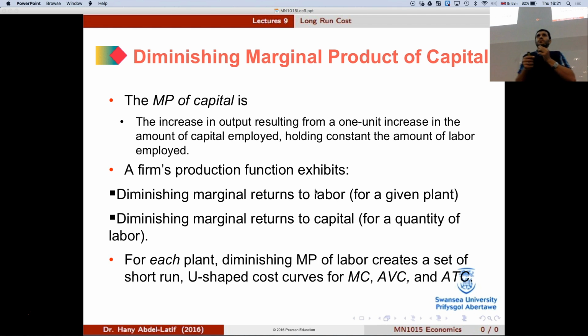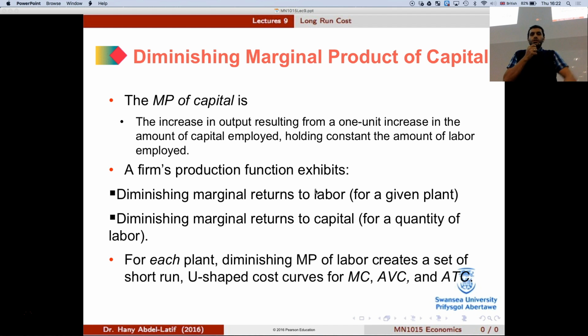we will have the U-shaped curves for the cost curves, the same way we looked at in the last lecture. So, for example, if we have two machines, and we're looking at a certain plant, like plant 2, and you increase labor, the number of workers you employ, what will happen?